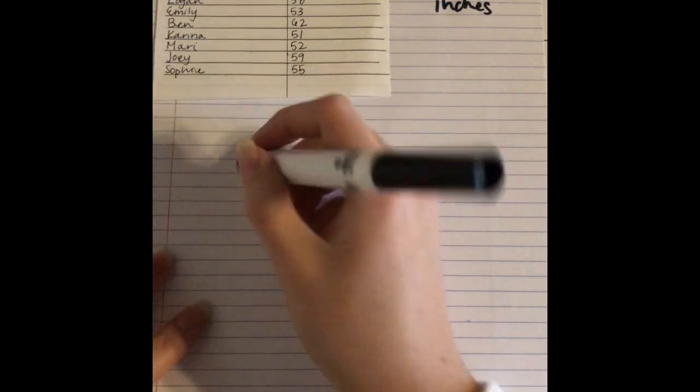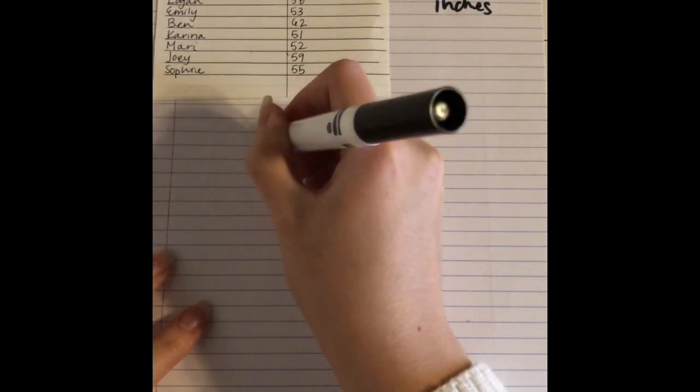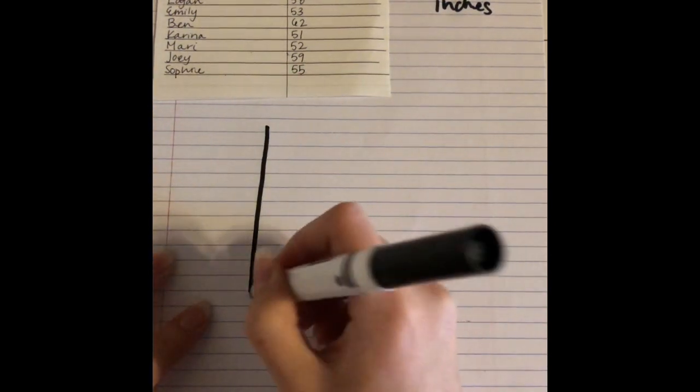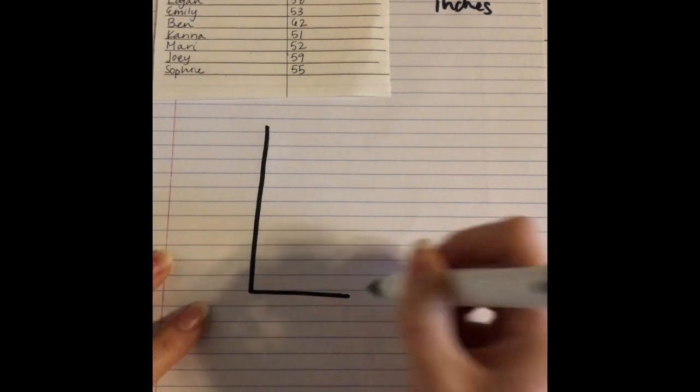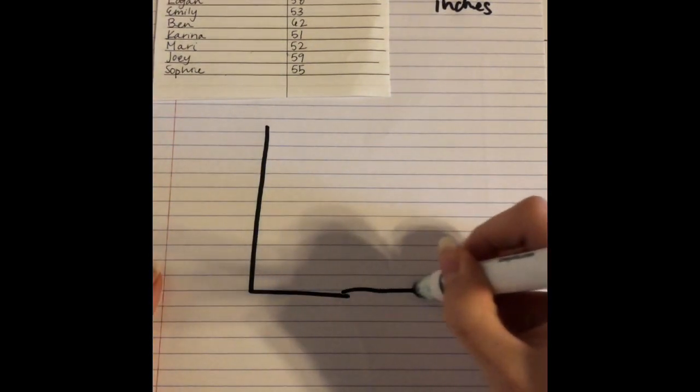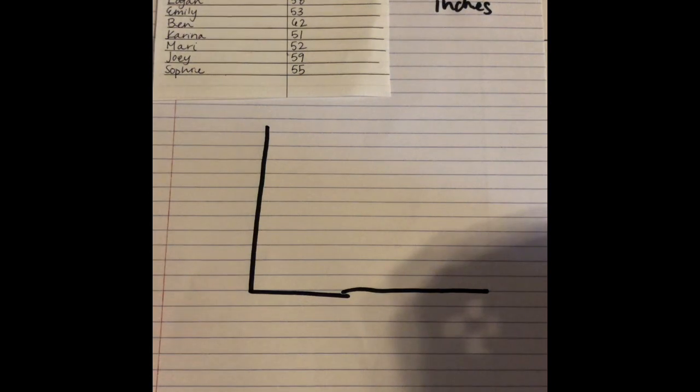So now that we have that out of the way, we are going to create our axes. So first we're going to make our axis going up and down and our side to side axis. Perfect.